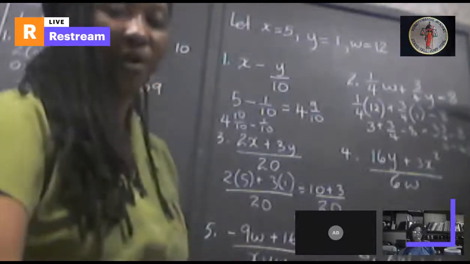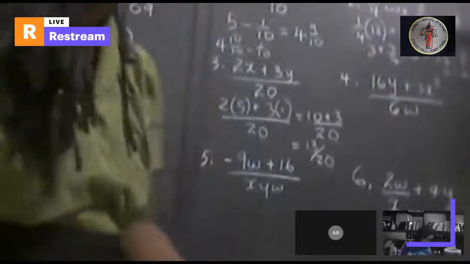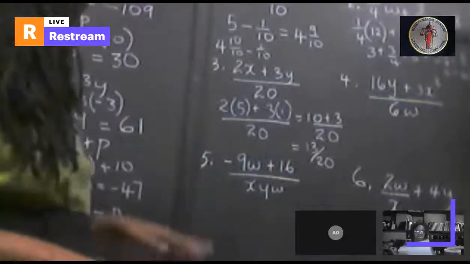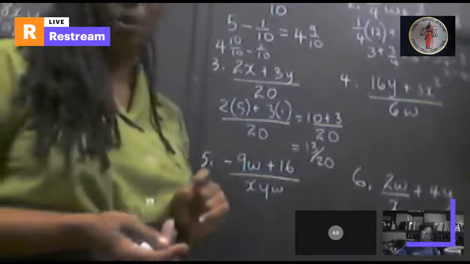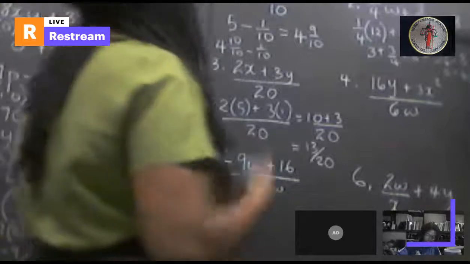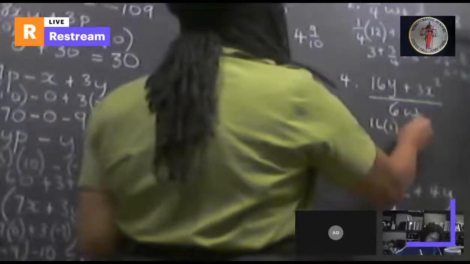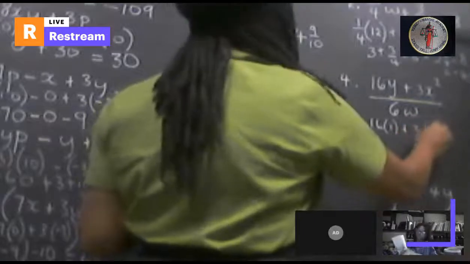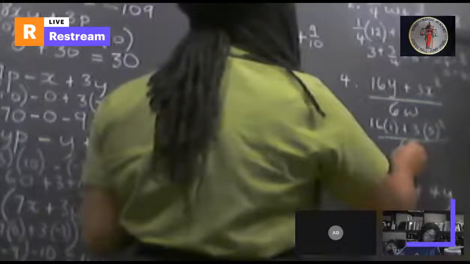And for number 4, it says 16y plus 3x squared over 6w. So 16y would be 16 times 1 plus 3 times 5 squared over 6 times 12.